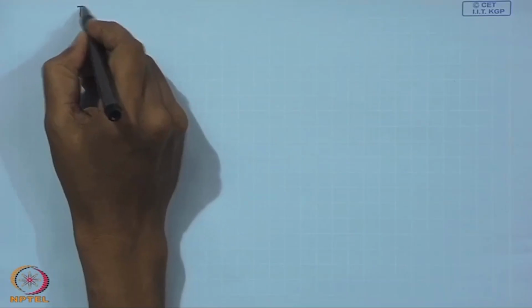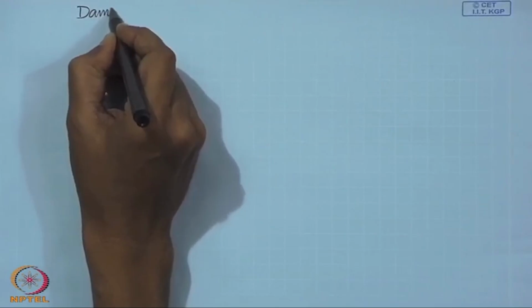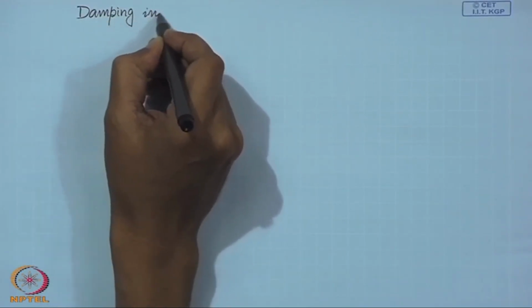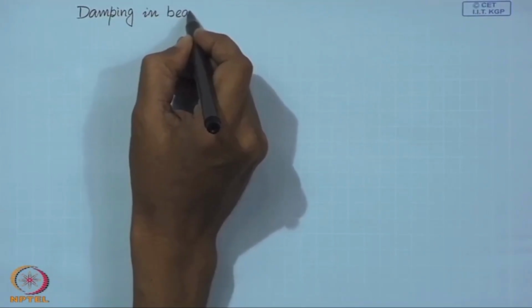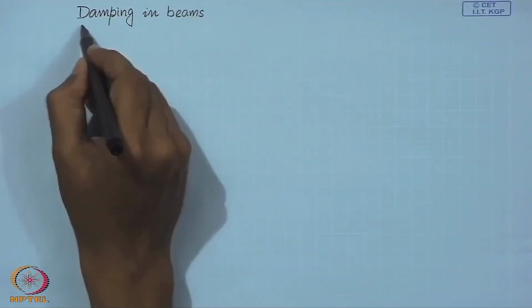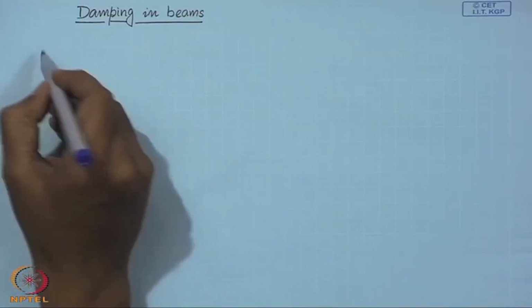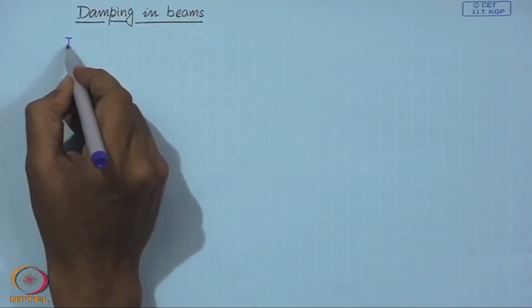So, to do that, we follow the Kelvin-Voigt model. So, let us look at this model for internal damping. So, first we are going to look at internal damping.